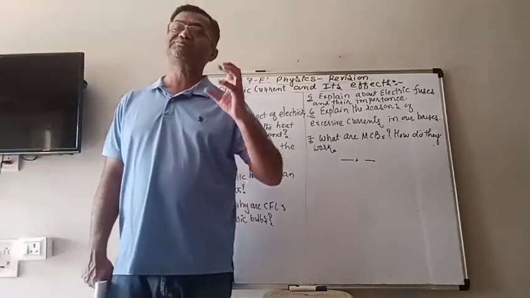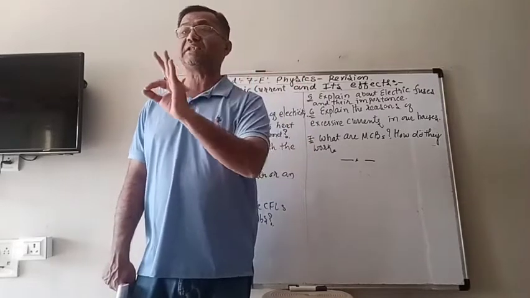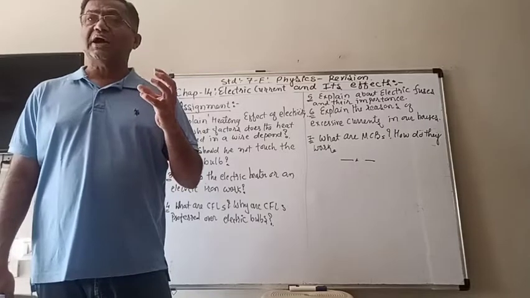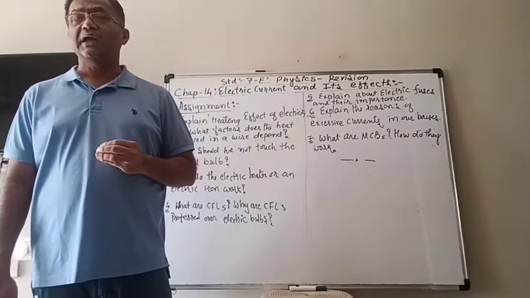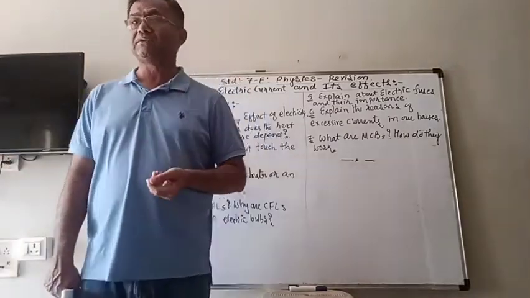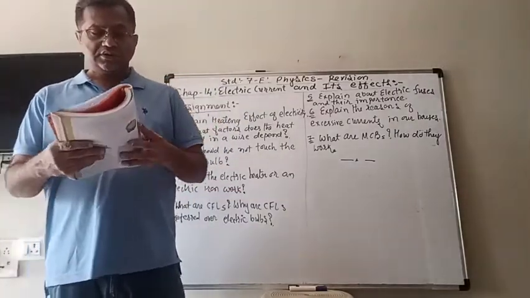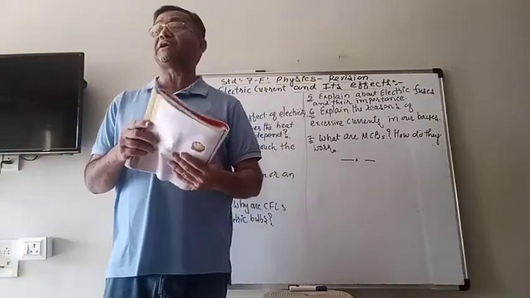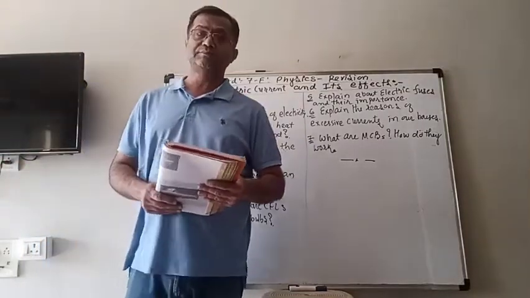The full form of CFL is compact fluorescent lamp. So these are the same as the fluorescent tube light that we use. And these CFLs are saving the power because they are reducing the wastage of the electric current, because they are not getting that much hot, unlike the bulb.